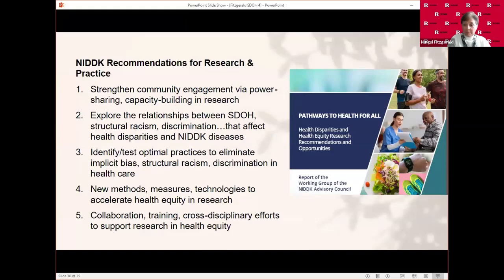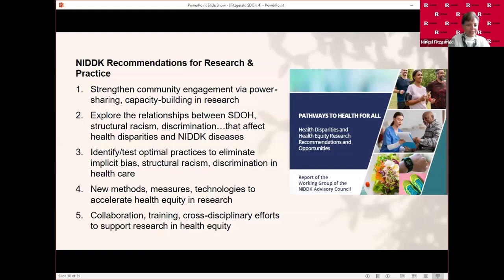One other thing, since I'm an applied researcher, I want to finish with recommendations for research and practice. This is coming from another federal organization, NIDDK. They also put together a wonderful list of recommendations for strategies, both for research and practice, including community engagement and exploring the relationships between social determinants of health, structural racism, and discrimination that affect these disparities, and NIDDK diseases such as diabetes.